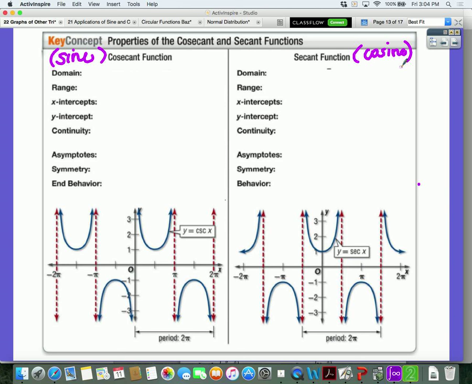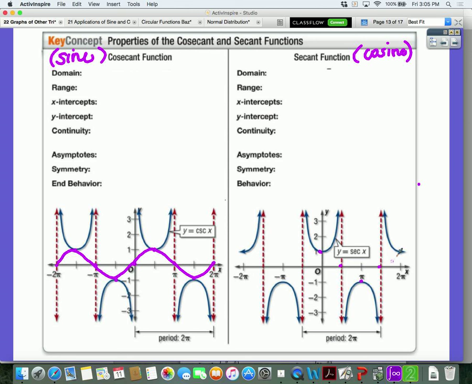Because what you'll notice is that if I were to graph regular sine, you see it? All the maxes and mins are basically where you have maxes and mins on cosecant. And same thing with secant, it's the reciprocal of cosine.